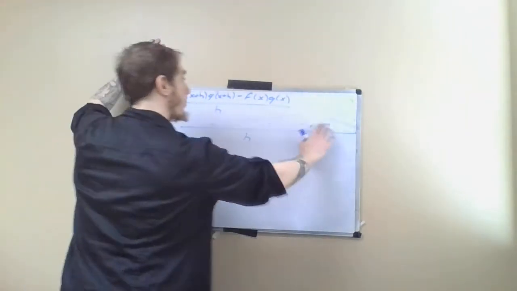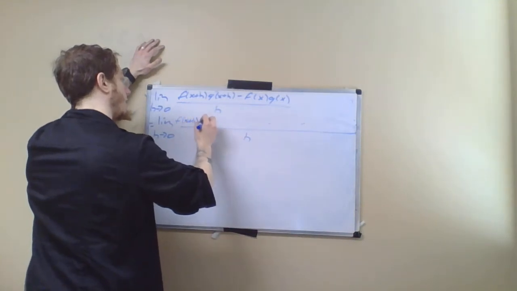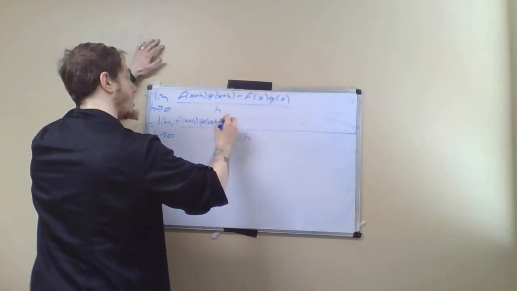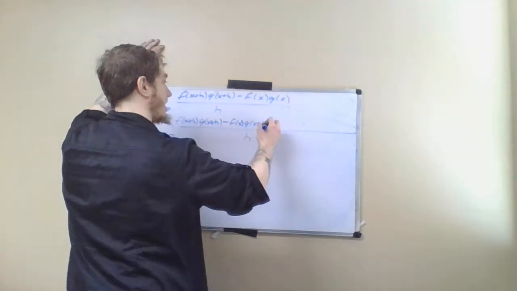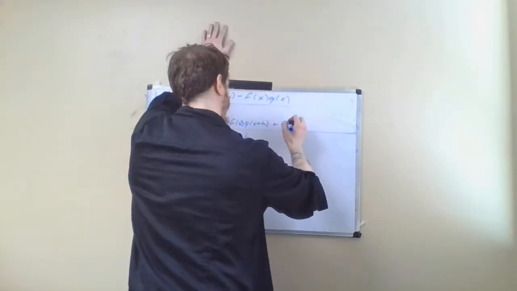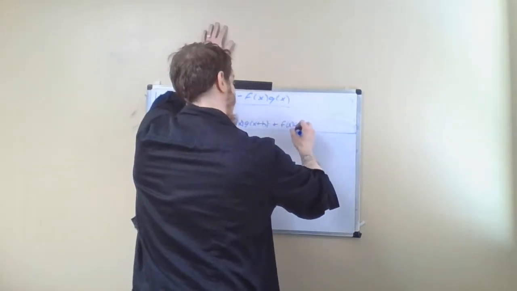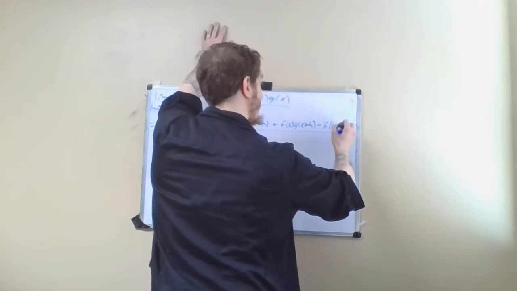Let's try that one more time. We have f of x plus h, g of x plus h. Now I'm subtracting f of x times g of x plus h. That means I have to add f of x times g of x plus h, and then I am still subtracting f of x, g of x.